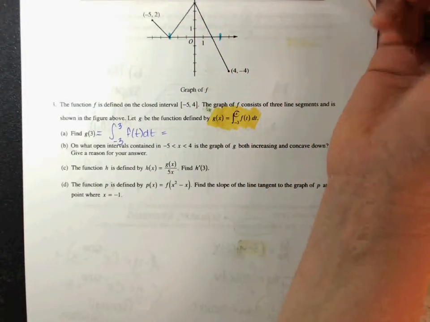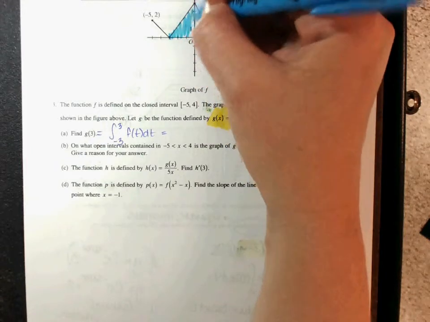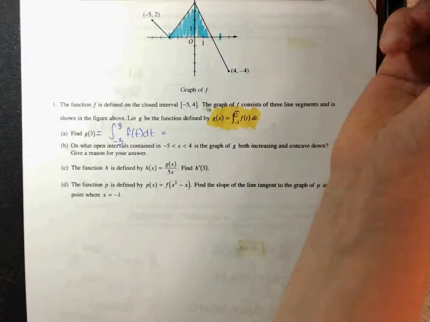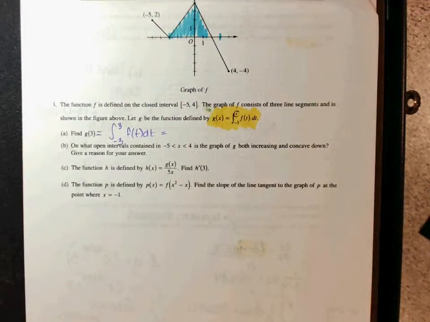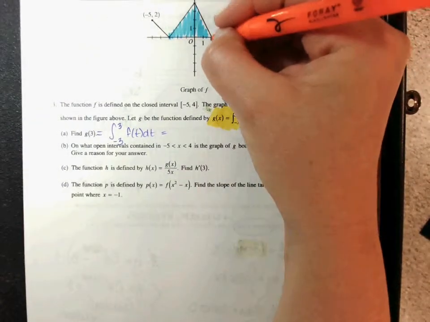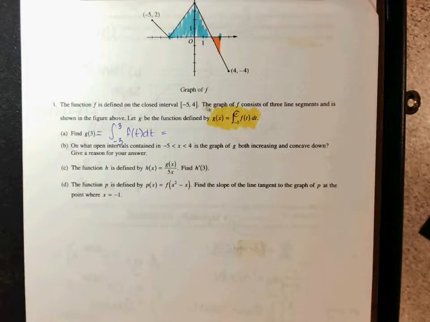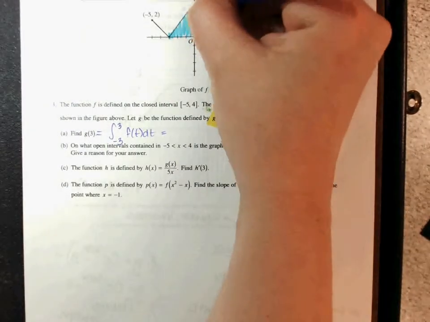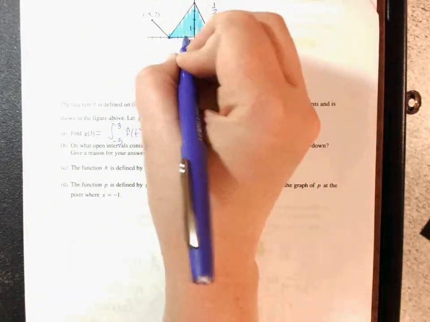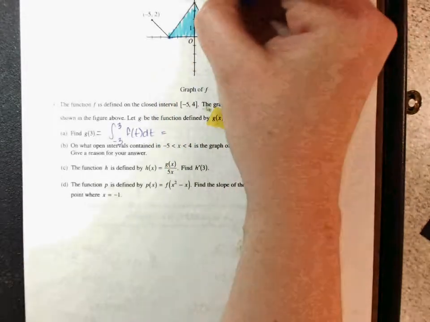Okay? So I have a big triangle up top, and then I have a little triangle below that right here. Okay? So I'm going to do my big triangle first. Remember that it's 1/2 base times height. 1/2, my base is 1, 2, 3, 4, 5 units across.